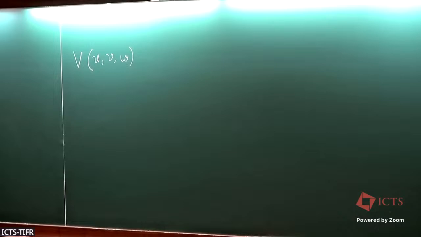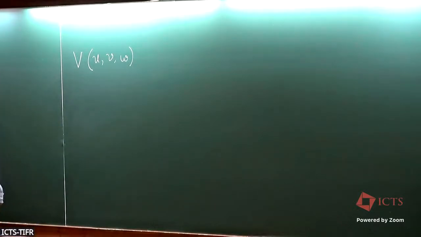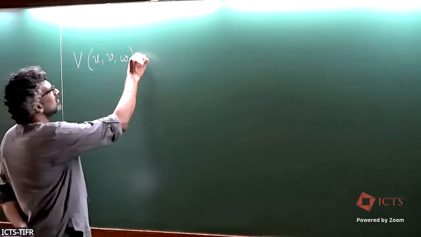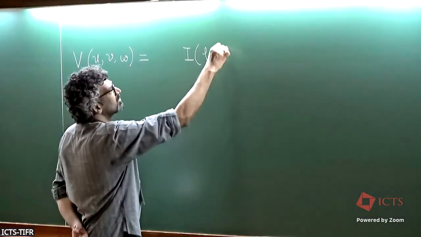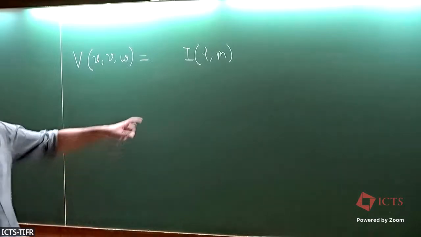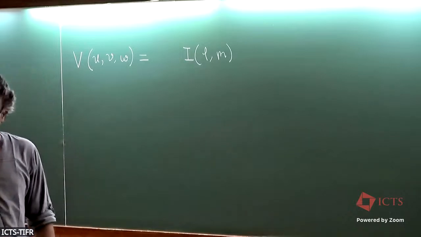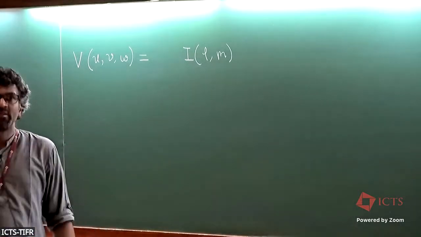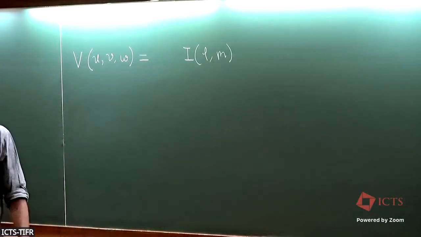The one we are focusing on is the standard interferometric mode, where the quantity you are measuring is the visibility, which is related to the sky brightness distribution. This quantity I here is the intensity, or specific intensity, depending on whether I'm measuring over a narrow range of frequency or not.